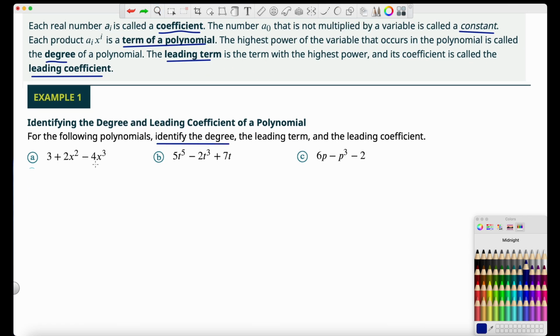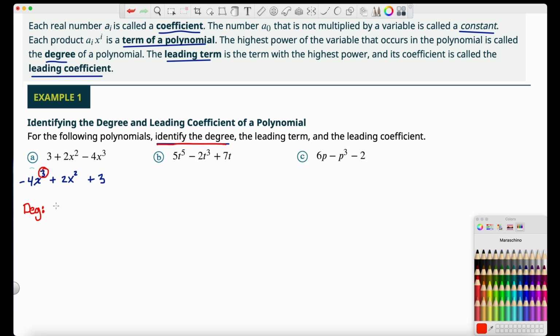We're going to identify the degree, the leading coefficient, and we're going to write the leading term. So first I'm going to write this in descending order where our powers are going from highest to lowest, and our constant term, 3, we could say has an exponent of x to the 0, and we know what happens when we raise a variable to the 0th power. So our degree here is degree 3.